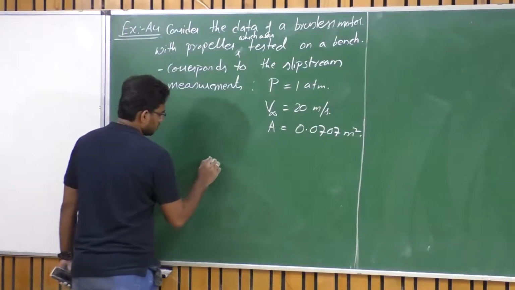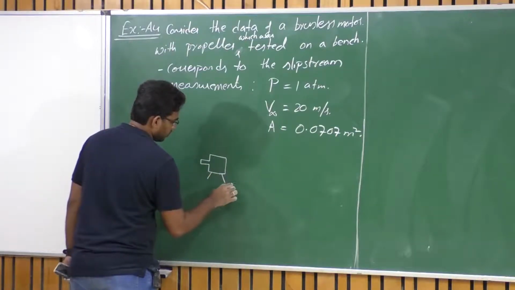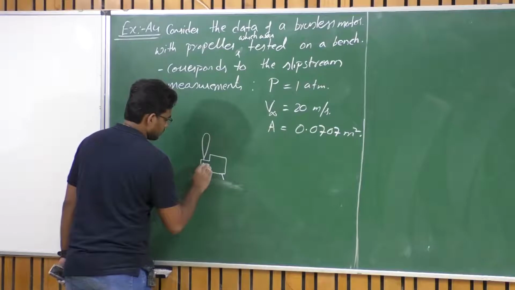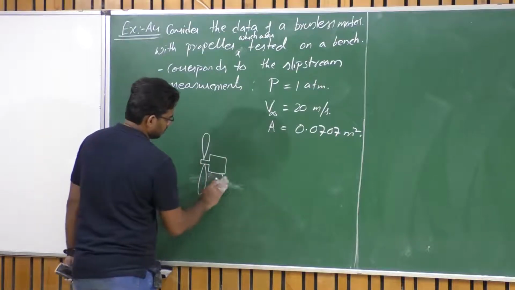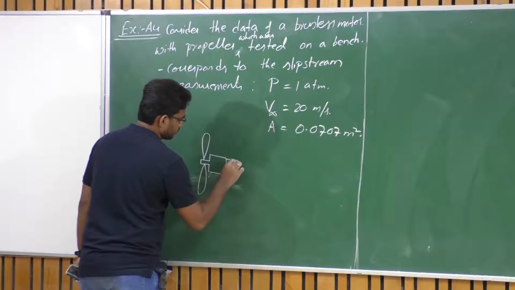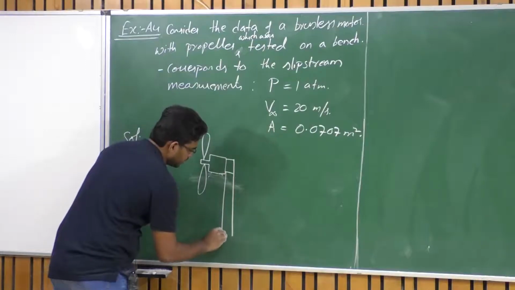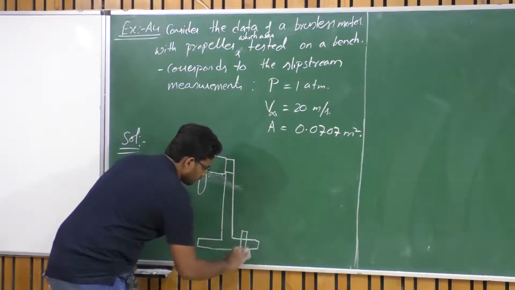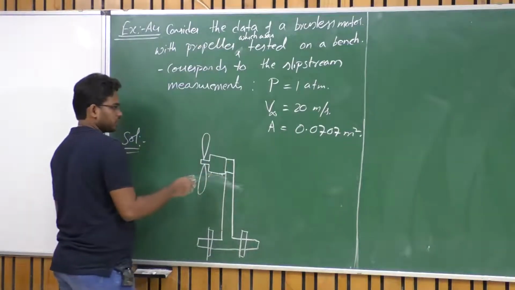We have a BLDC motor, a brushless motor, rigidly mounted on a bench by means of an adapter, and we have a propeller mounted on this motor.